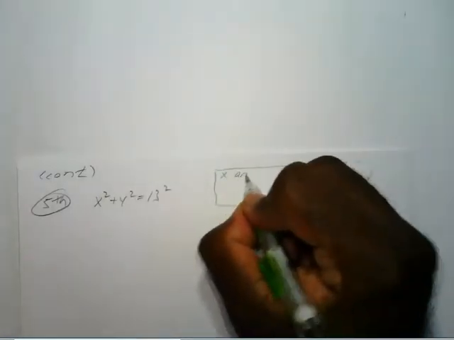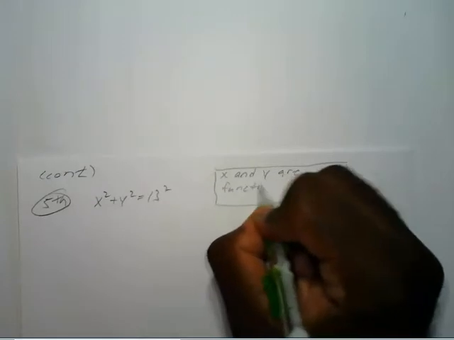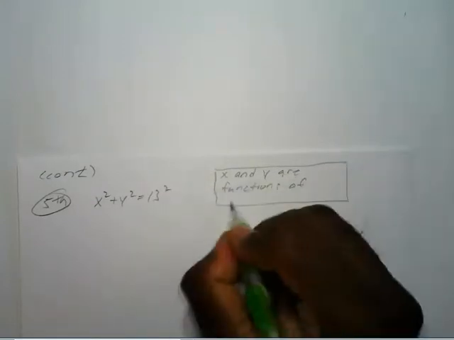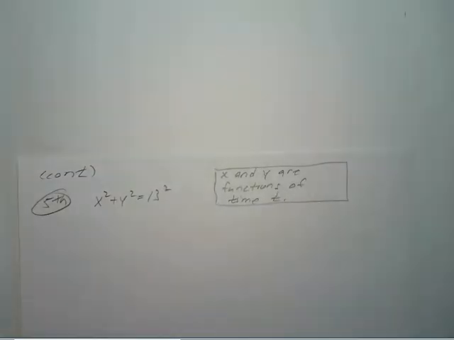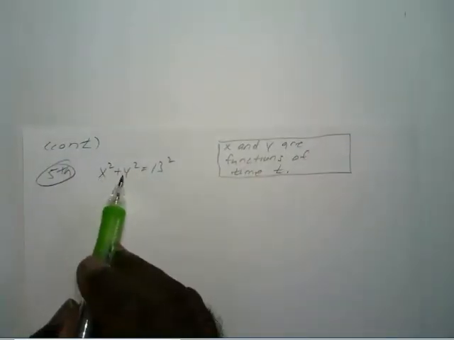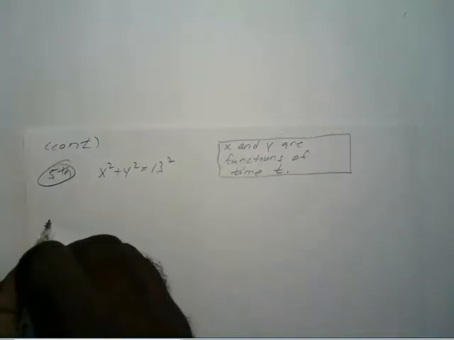So x and y are functions of time that we would just call t. So we take the derivative of each of these using implicit differentiation as functions of time.